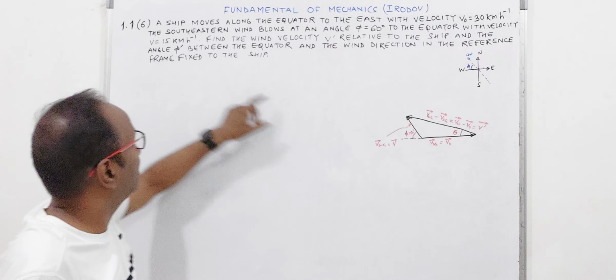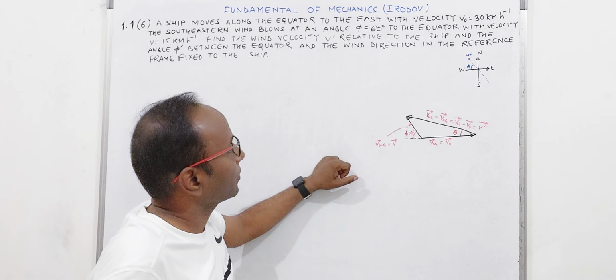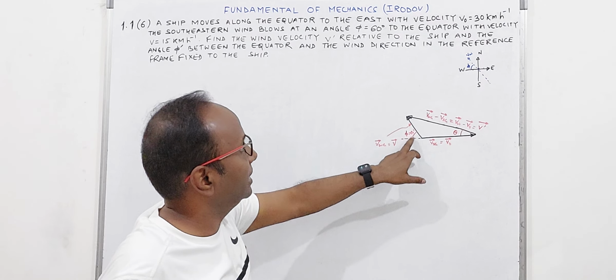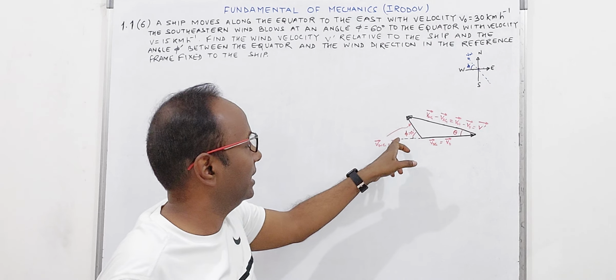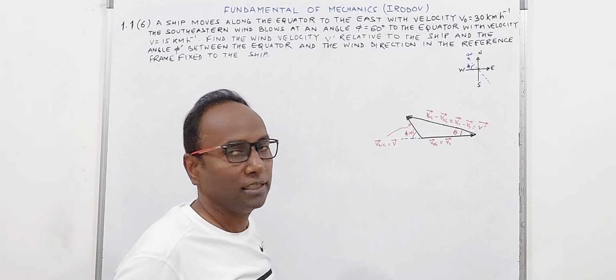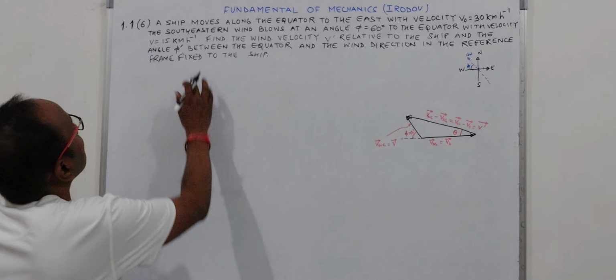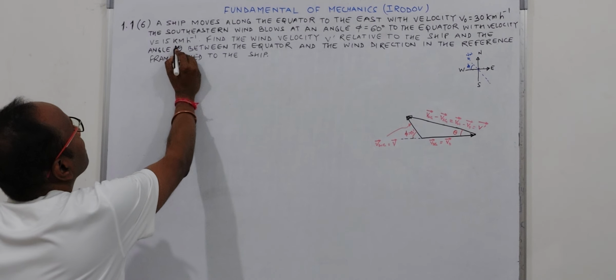That is given in the question. And the angle phi, that is the wind direction from the equator, is given. And we have to calculate angle theta. You can change it in the question, instead of phi dash you can write theta, that's fine.